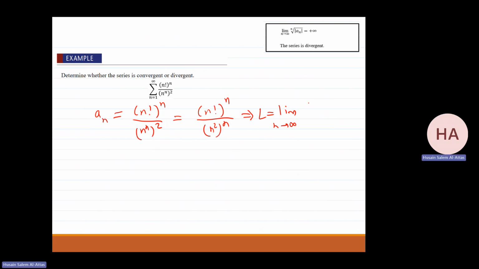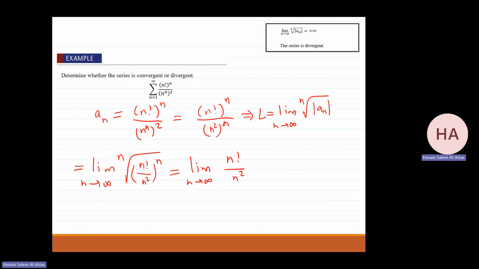The nth root of a_n. Everything is positive, so I don't need to bother with the absolute value. And this is the nth root of (n factorial over n squared) all to the power n. So that will be the limit as n goes to infinity of n factorial over n squared.